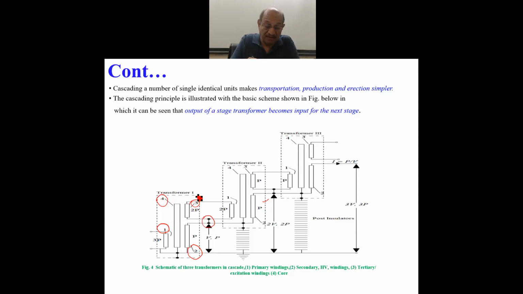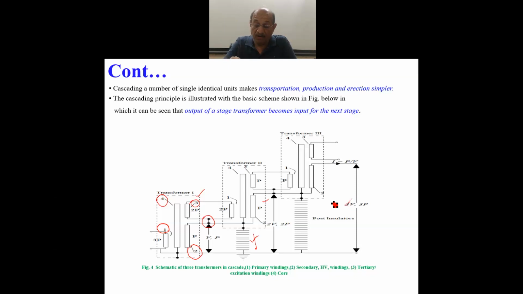Only the first unit transformer container is at ground potential, but the second unit acquires the same voltage as the output of the first stage, so it must be supported over insulators. These are the insulators, and the same thing is true with the last stage. The third unit acquires still more.